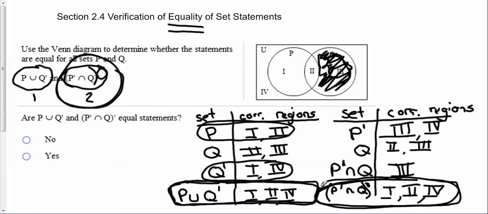So if you look at our two answer rows for each set statement, you notice each one represents those elements that are in regions 1, 2, and 4. Since they represent the exact same regions, they will always be equal set statements. So the answer is yes, they are equal. And this work supports that answer.